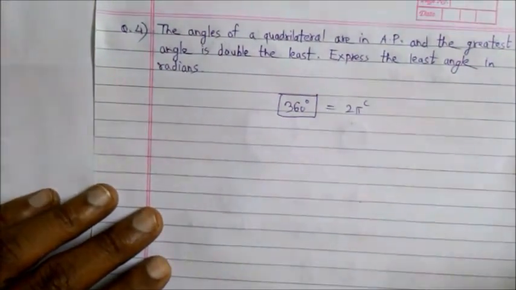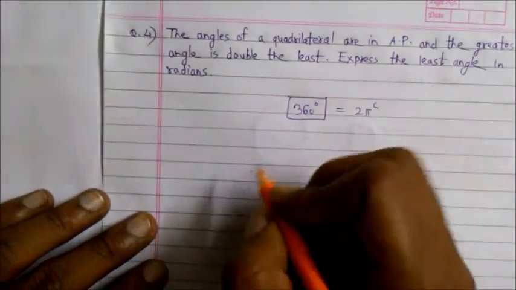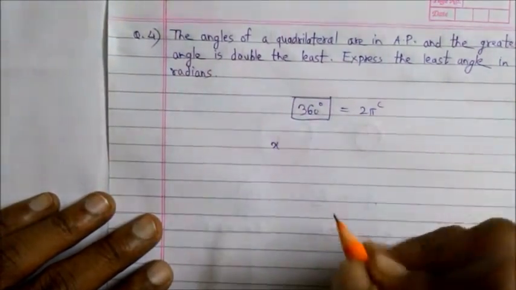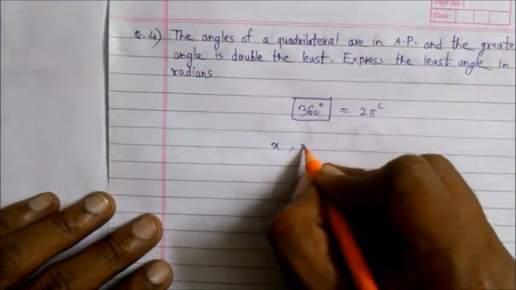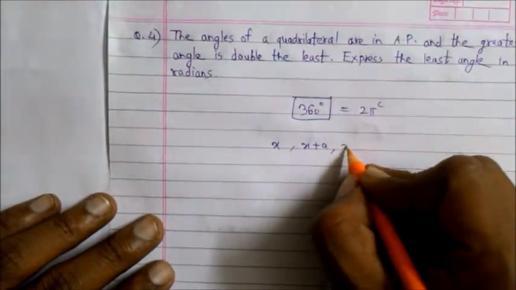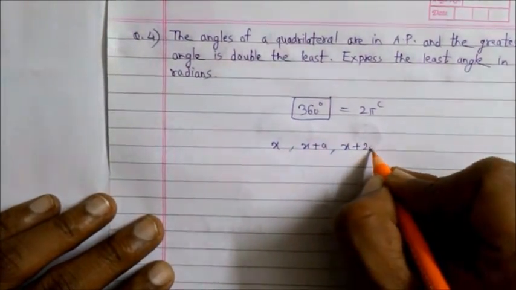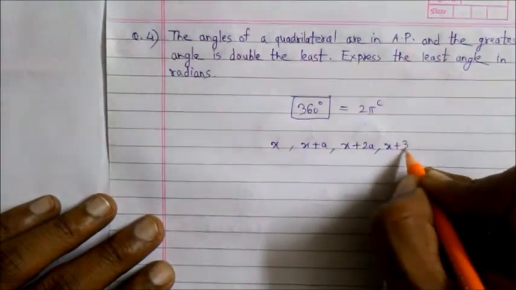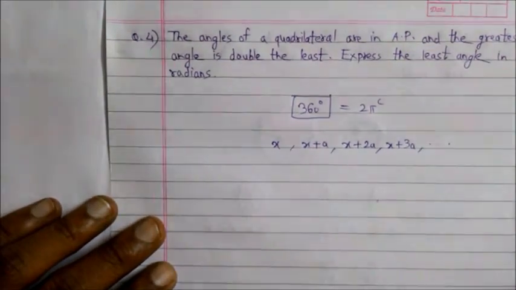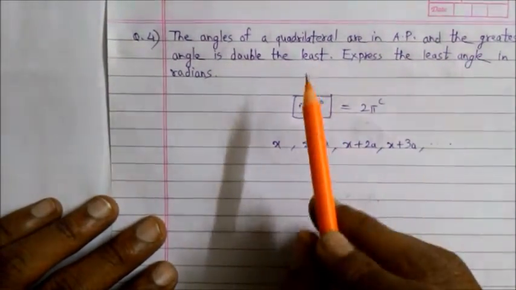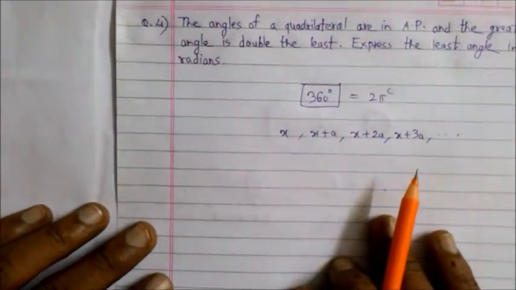The property of arithmetic progression is that if x is the first term, the second term will be x plus a, the third term will be x plus 2a, the fourth term will be x plus 3a, and so on. Now we have a quadrilateral which has 4 angles.